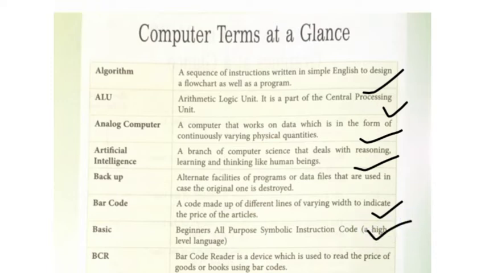The next is BCR, that is barcode reader. As we have studied barcode, a barcode reader is a device which helps us to read the barcode given on some matter or things. So barcode reader is a device which is used to read the price of goods and books using barcodes.